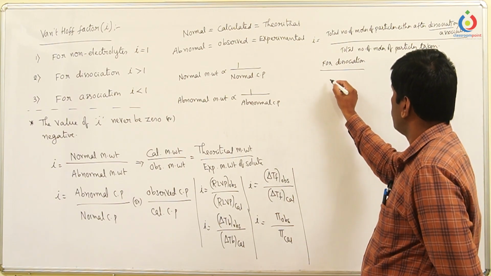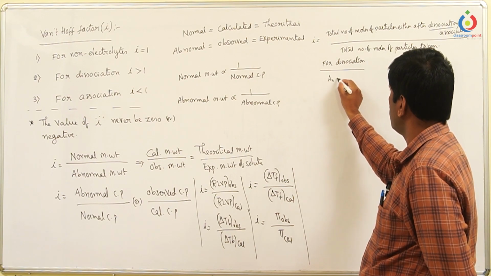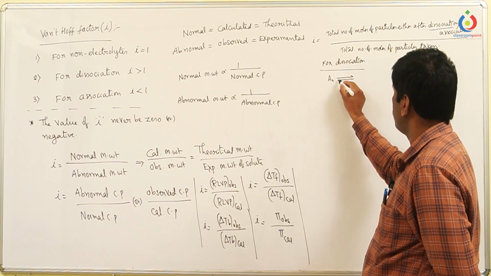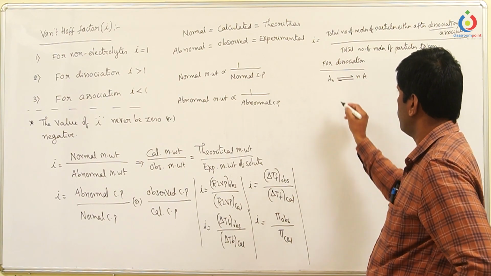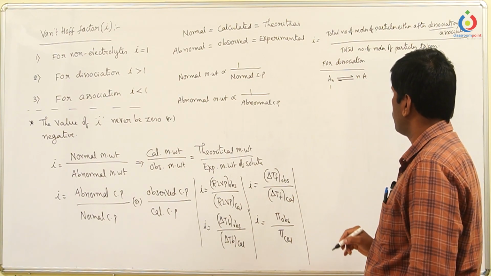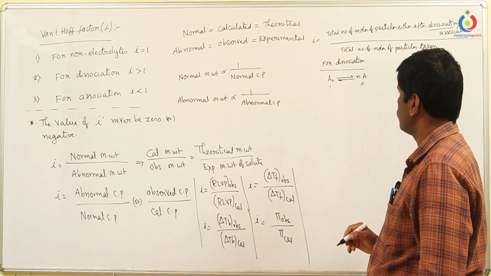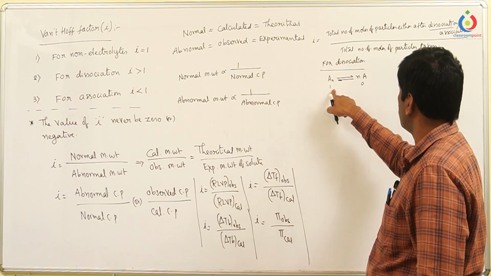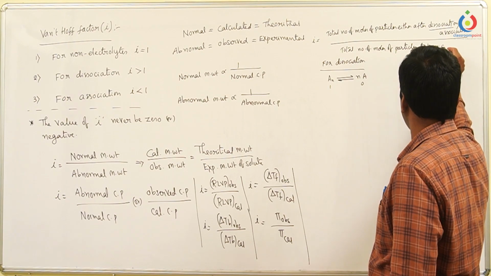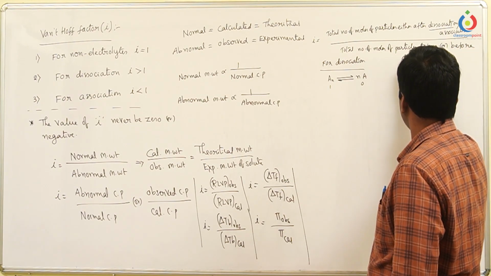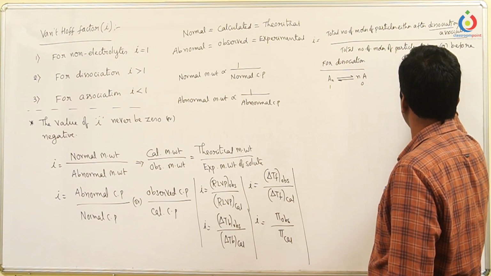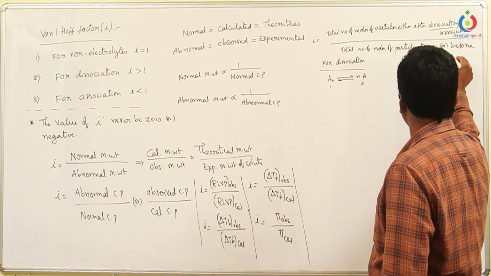So imagine there is a solute that is AN. It participates in dissociation and produces n number of A particles. Initially I have taken one molecule, and here zero molecules are there. So this is the molecules taken before dissociation or association.